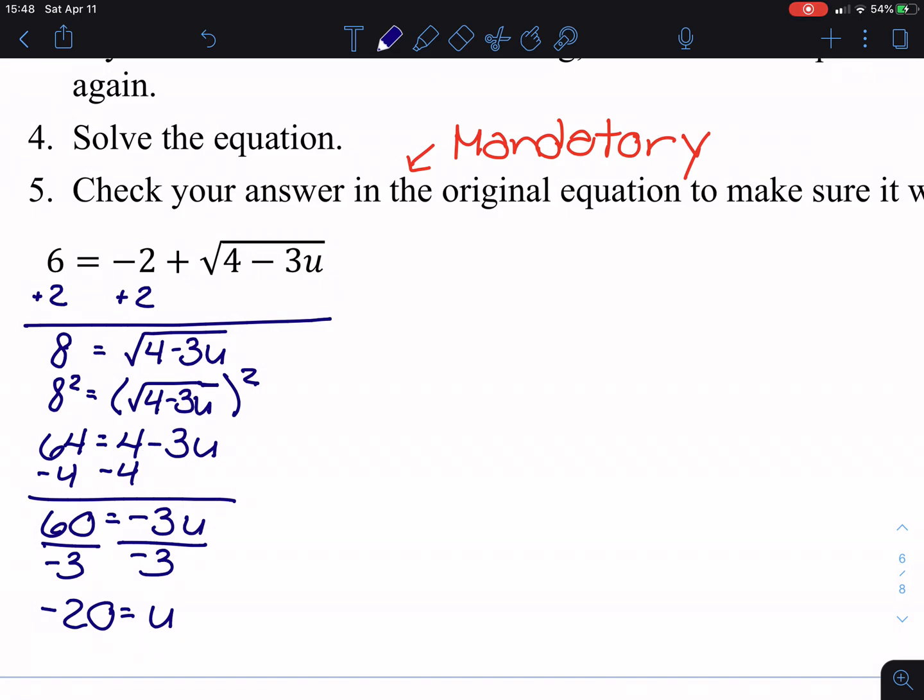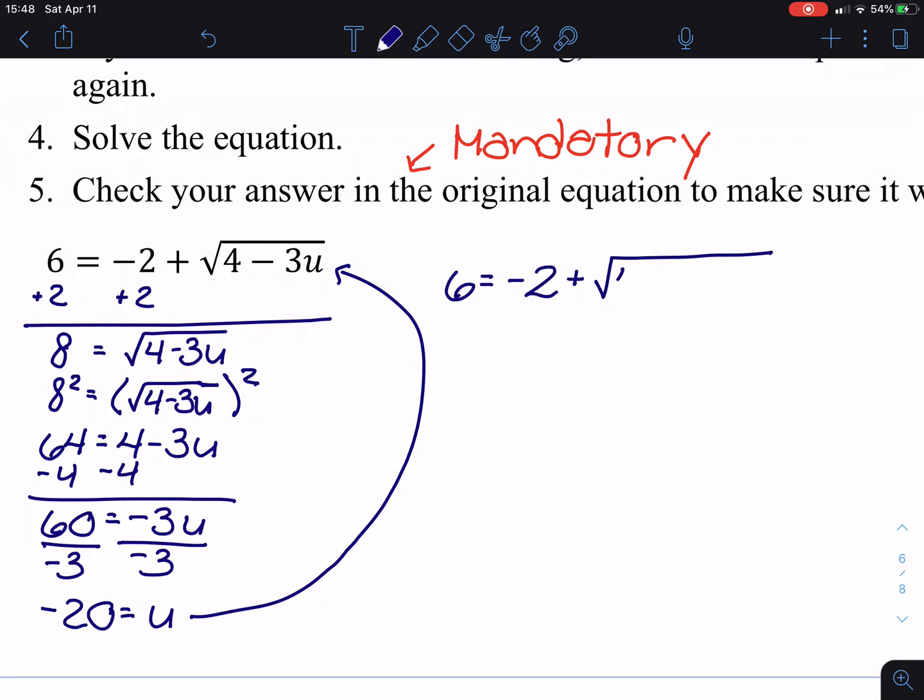Now, before I can say that that is my answer, I have to check it by putting that back into my original equation. So I have 6 is equal to negative 2 plus the square root of 4 minus 3 times negative 20. Well, 4, and then negative 3 times negative 20 is plus 60.